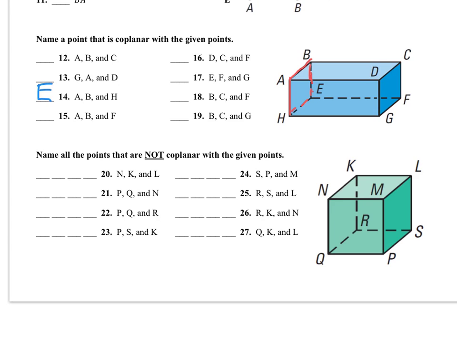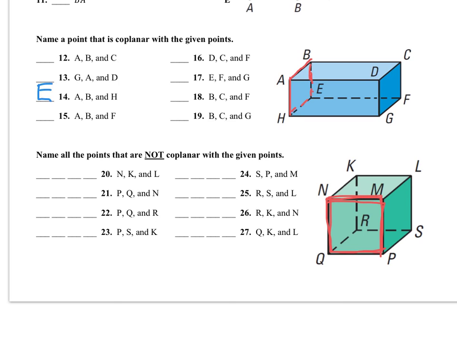Now, next section. Name all the points that are not coplanar with the given points. So points that are not on the same plane as the given points. Let's take a look at 21. P, Q, and N is describing this very front plane. M is the other corner of that plane.